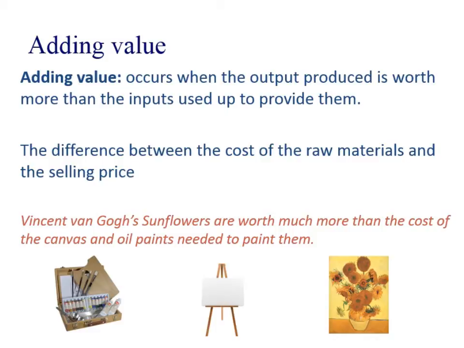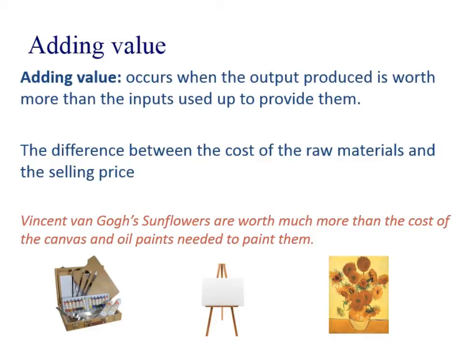So we look at Van Gogh's painting of sunflowers. To produce that piece of art will not have cost millions and millions of pounds, even though it would cost millions of pounds to buy that painting. It probably cost what would be the equivalent of a few pounds today to purchase his oil paints and the canvas and all those types of things.